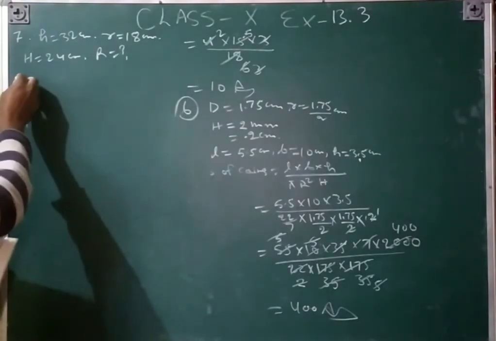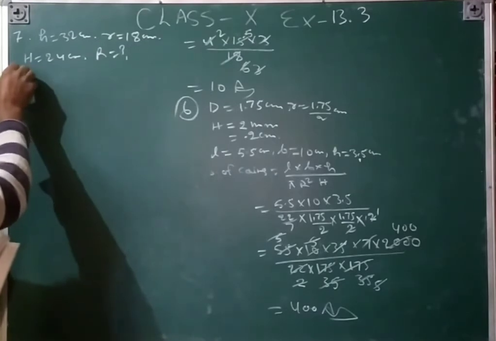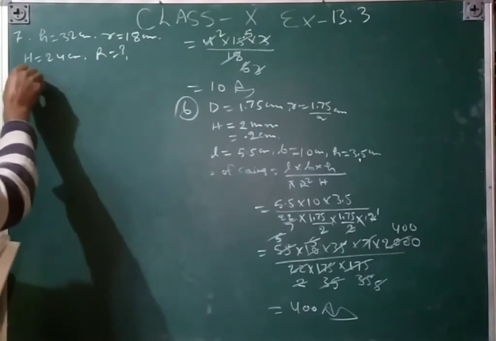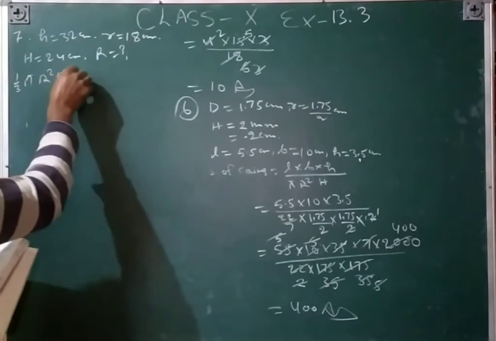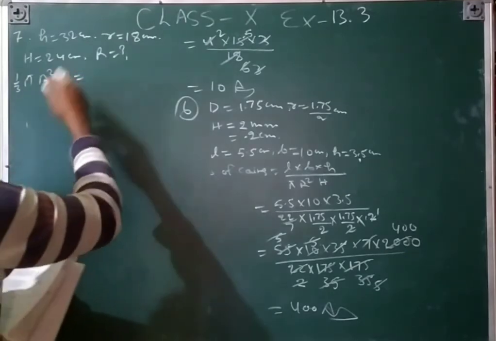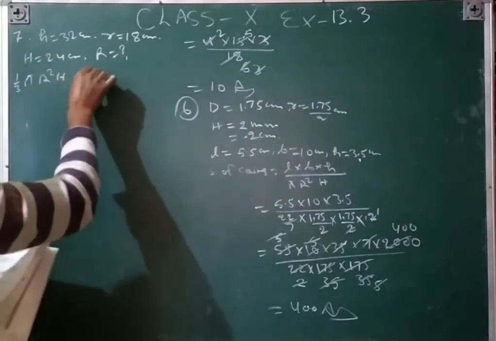So volume of cone, 1/3 pi r square h, is equal to volume of the cylinder, pi r square h.